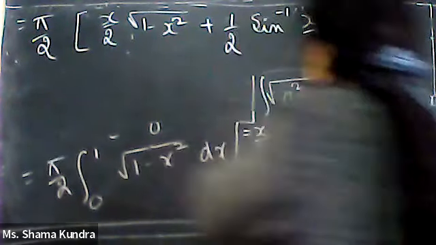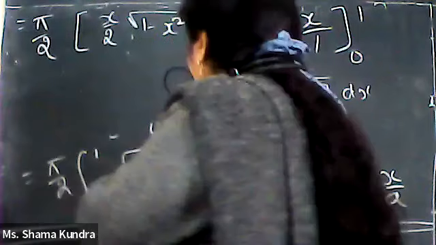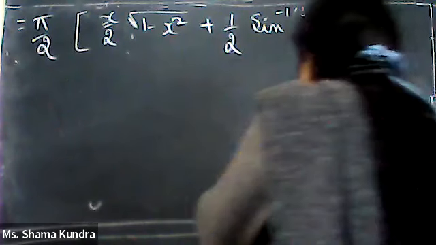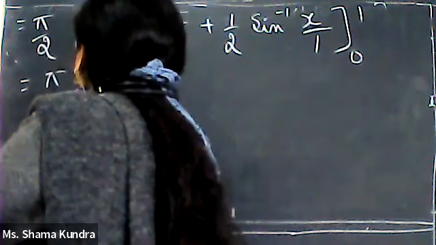Here a is 1, and the limits come on the right hand side. Now, using upper limit minus lower limit, what will you get?